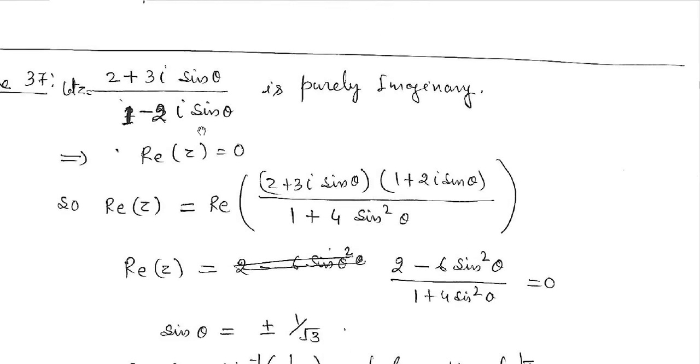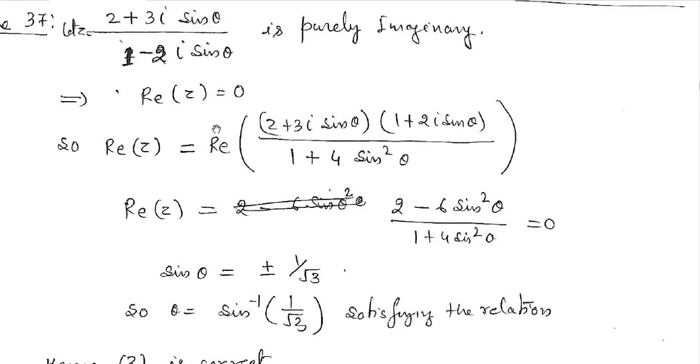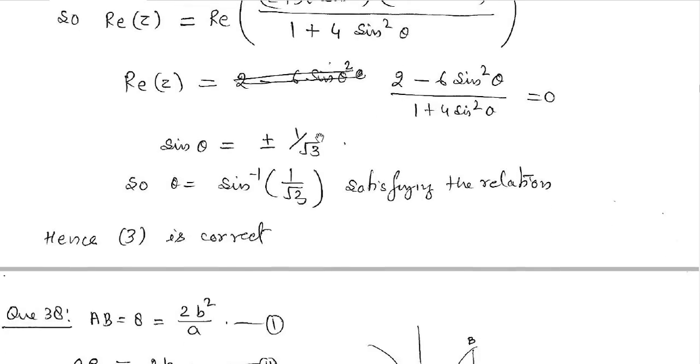In this case this is purely imaginary, hence this implies that the real part of this number is 0. So what I am doing is making the real part of this number 0. We multiply this by its conjugate, and we get the real part of z as this, equal to 0. So if we do that, we get sine theta equal to plus minus 1 upon root 3.